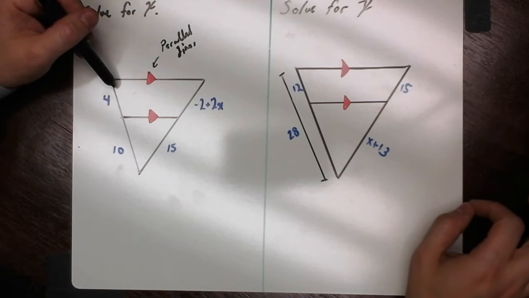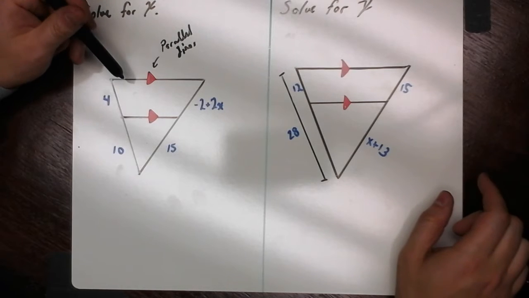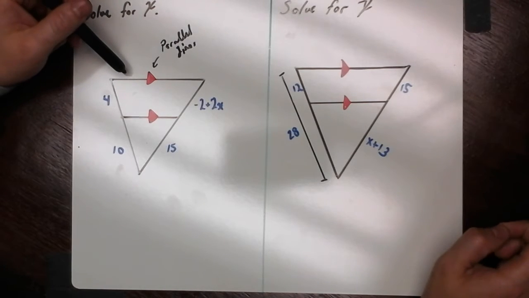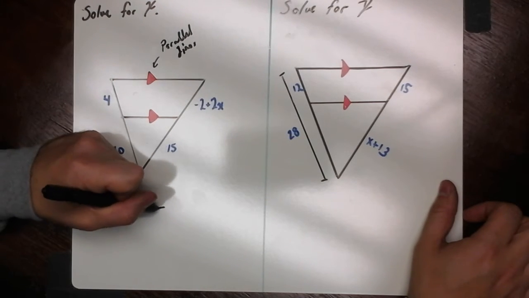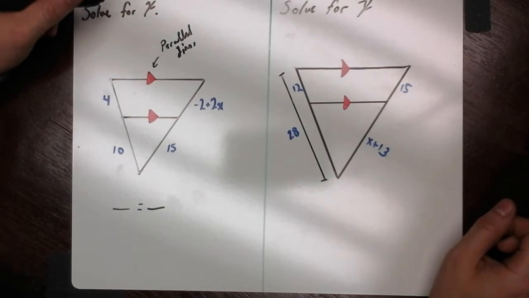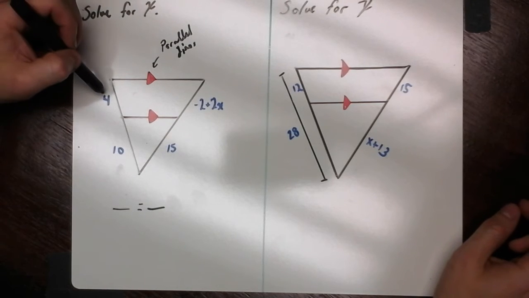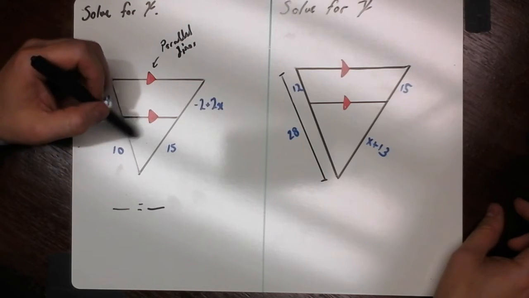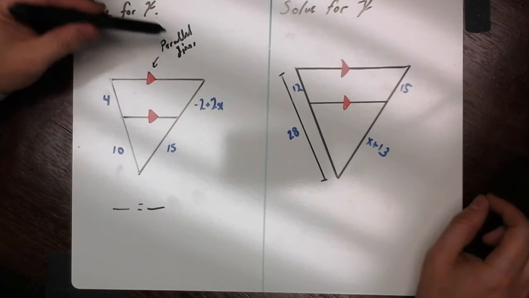So as a result of that, I can set up a proportion in order to solve it, and that's what I'm going to do. The way we do this, when we set up a proportion, two fractions equal to each other, is we follow a pattern. You could either go from this small piece to that large piece and then this piece to that piece, or you can go across.